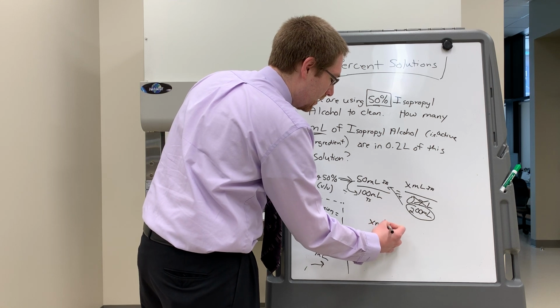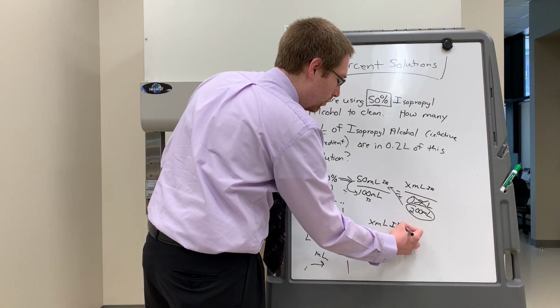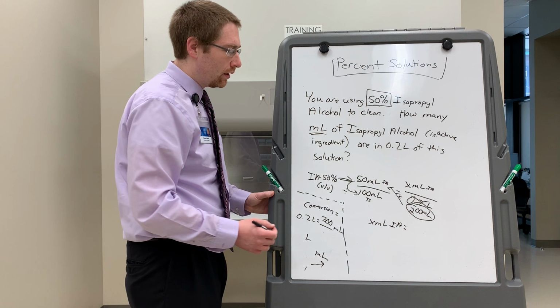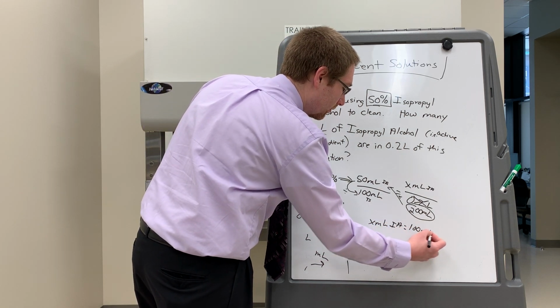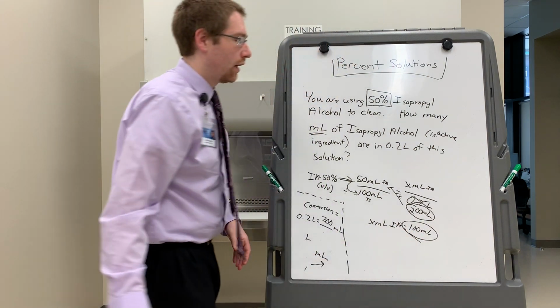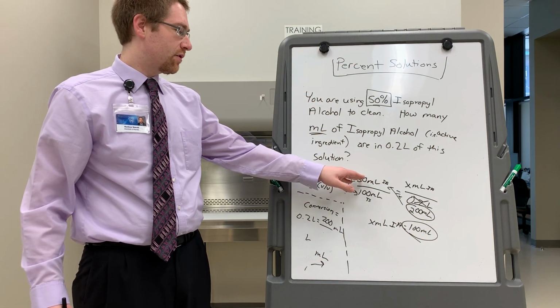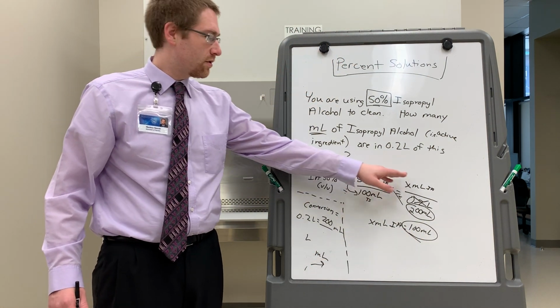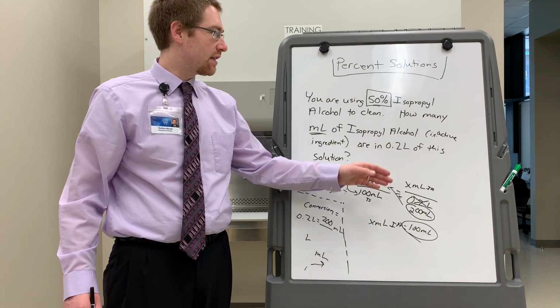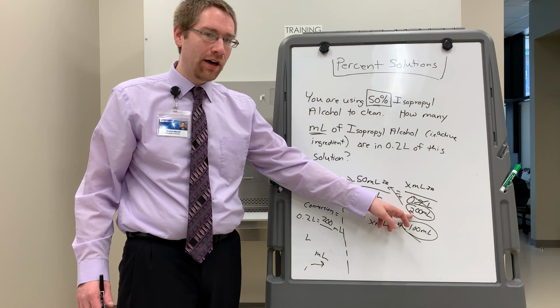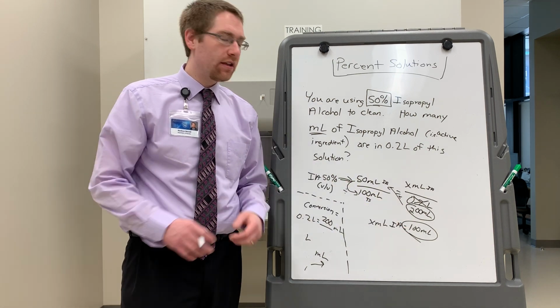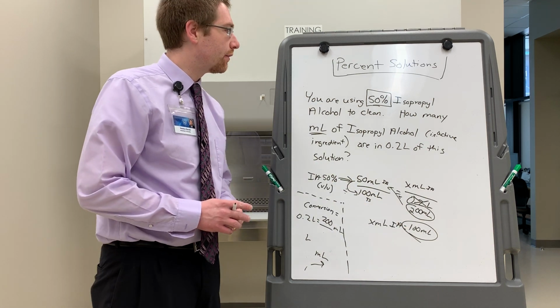So our x mLs of isopropyl alcohol is going to be 100 mLs. And looking at the math, if there's 50 and 100, there's 100 and 200 because it's exactly half, right? So half of my volume is drug, and in this case, that's 100 mLs.